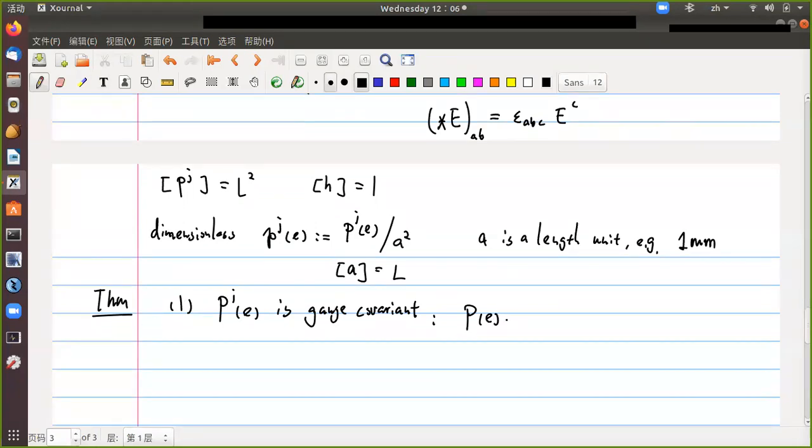So you can define the matrix value of P just by P_j^E tau_j over 2. And this quantity belongs to the Lie algebra, because tau_j is the basis of the Lie algebra su(2), the lowercase su(2).